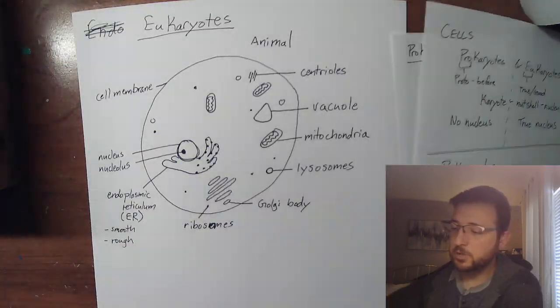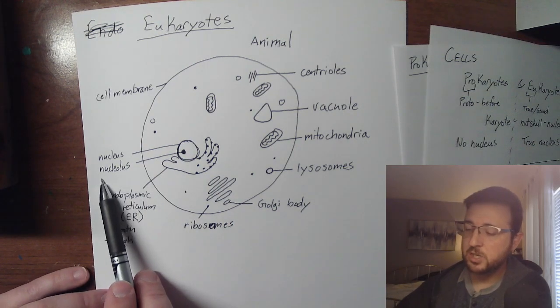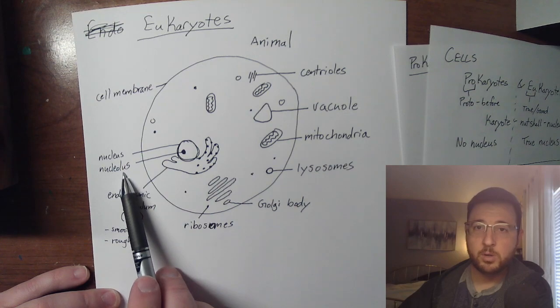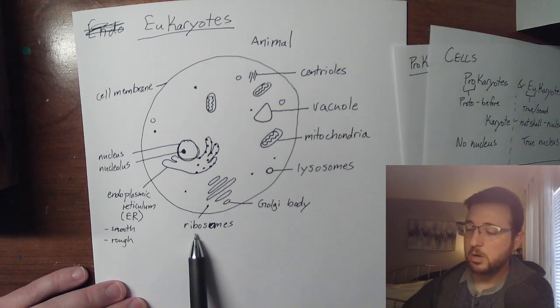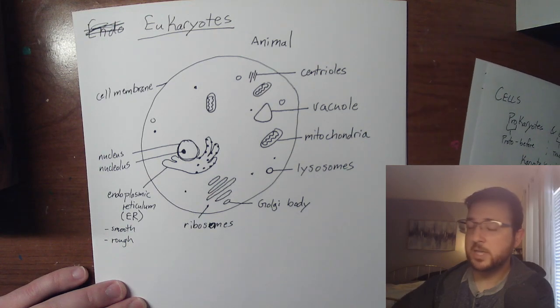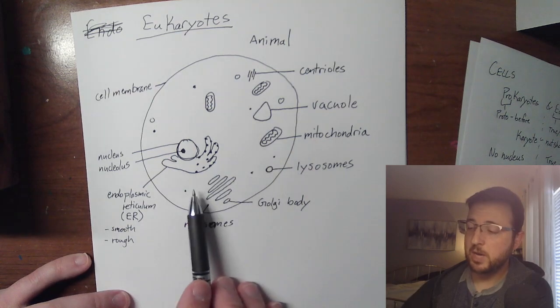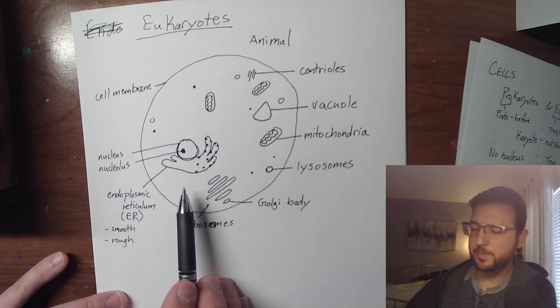Okay, they both store DNA, and in fact, it's the nucleolus that stores the DNA, and the nucleolus also makes ribosomes. Okay, now in the prokaryotic cell, that's just going to happen in the nucleoid region, but inside the eukaryotic cell, we have a special place for it.